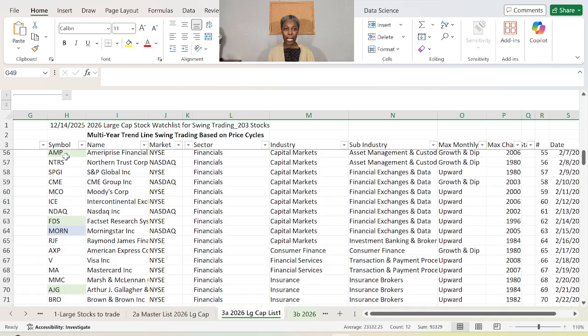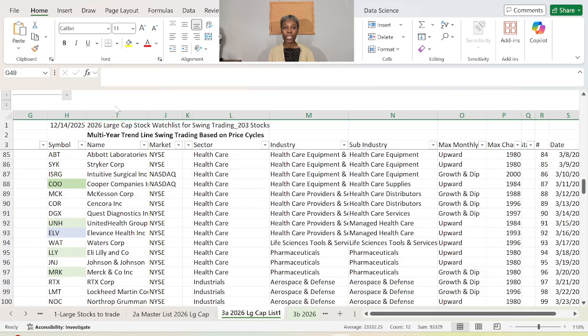So I analyze the stocks and then flag red the ones that are ready for purchasing. That is the watch list of the week. It's not another watch list I'm going to create. I'm just going to change the color of those so that it's easy for me to see.